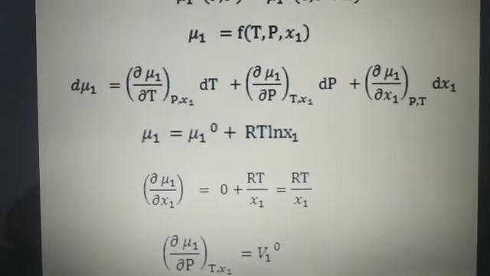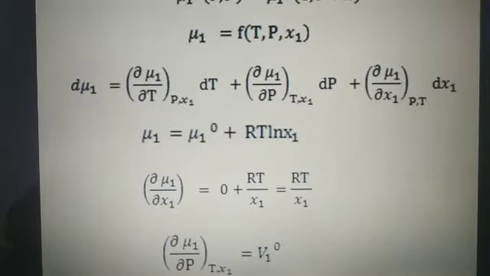Now we have the derivative with respect to x1. Various components are here, and the factors regarding the other components are taken equal to 0.